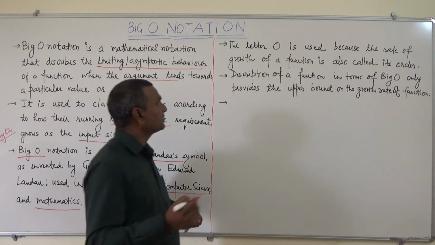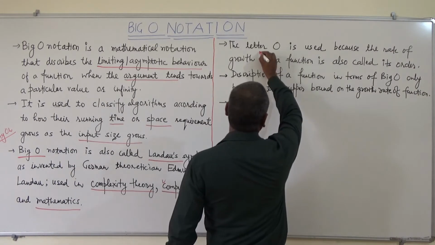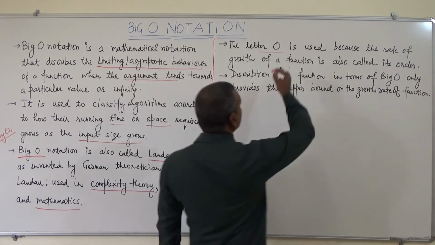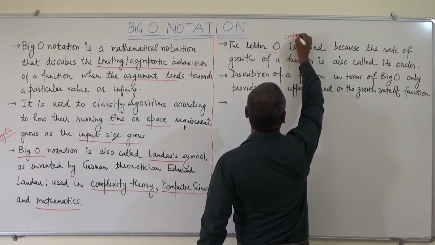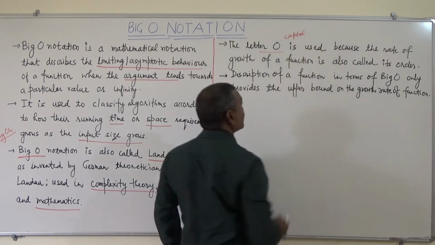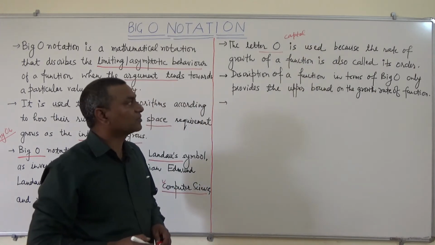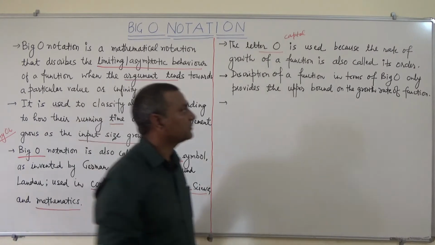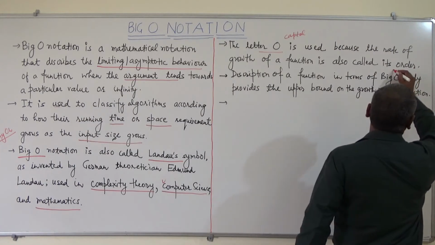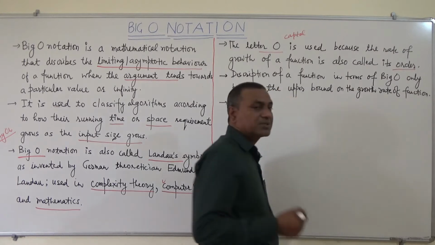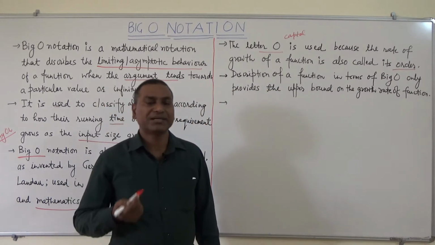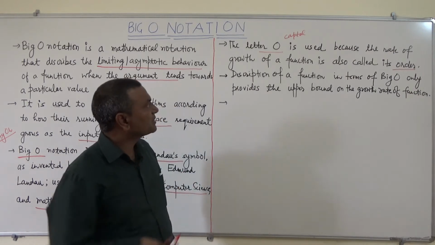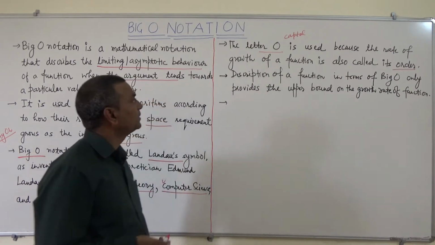This is used because the rate of growth of a function is also called its order. That's why we use this capital O, and we use capital O because we normally deal with the worst case complexity.